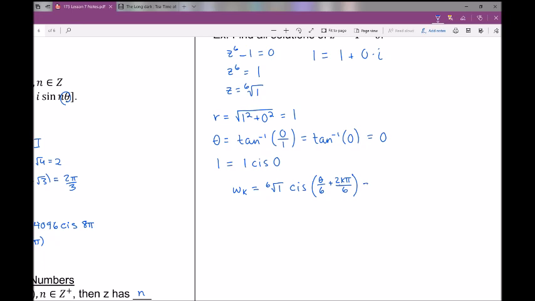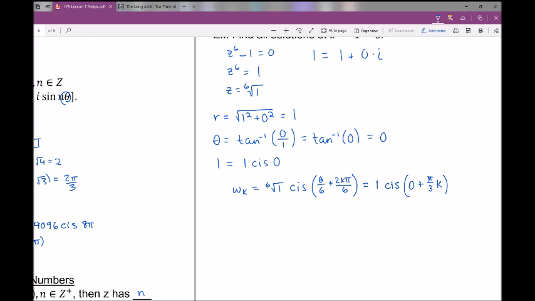Okay, so if we plug in our theta, we can simplify this a little more. So we have 1 times the cis of 0, 0 over 6 is 0, plus pi over 3 times k. Alright, so that is our general solution for all 6 of our roots.